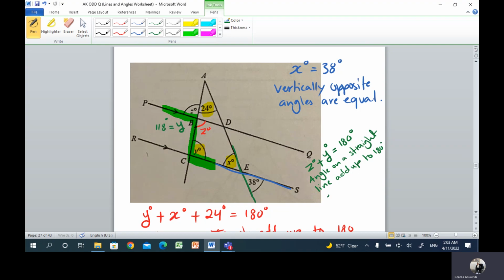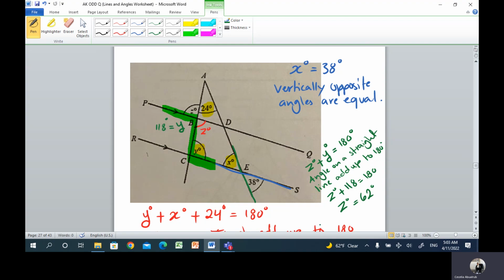So z is the unknown plus y is 118 is equal to 180. If you apply opposite operations by subtracting the 118 from 180, then z is equal to 62 degrees.